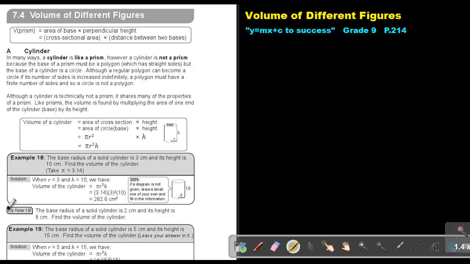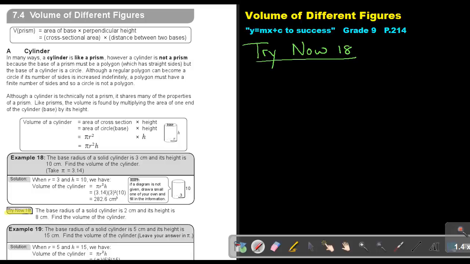Okay. I want you to do try now 18. Stop the video and as soon as you are finished, you can continue with the video. Let's start. Try now 18. The base radius of a solid cylinder is 2 centimeters.